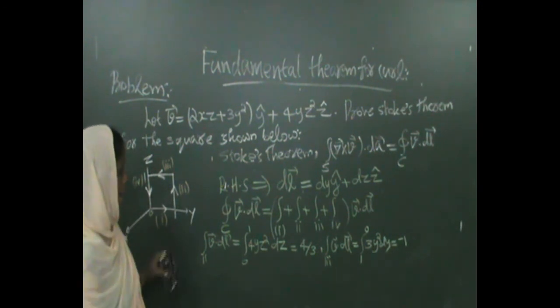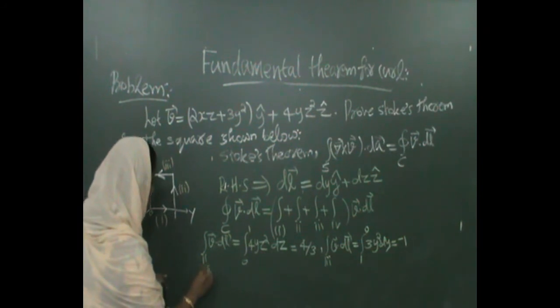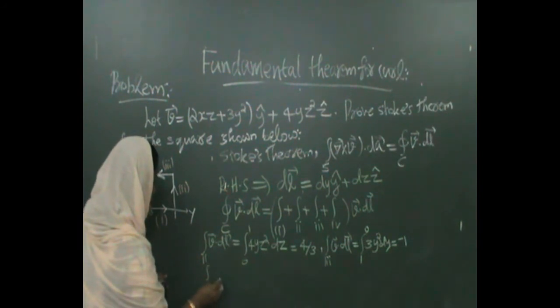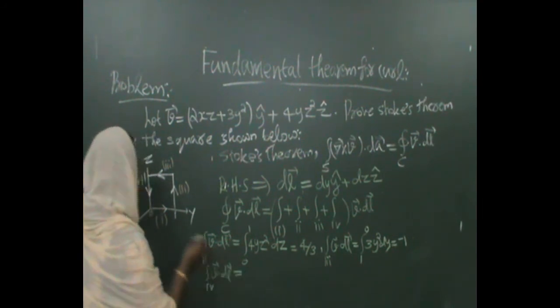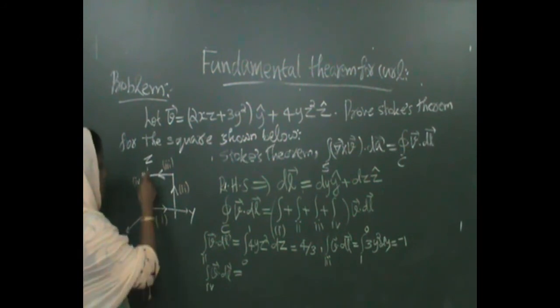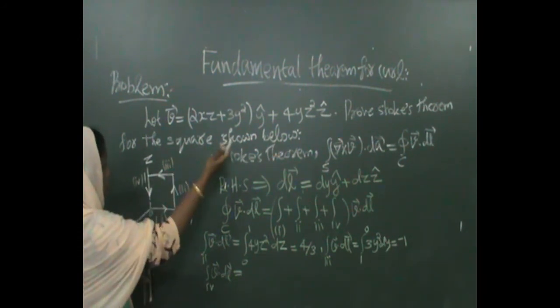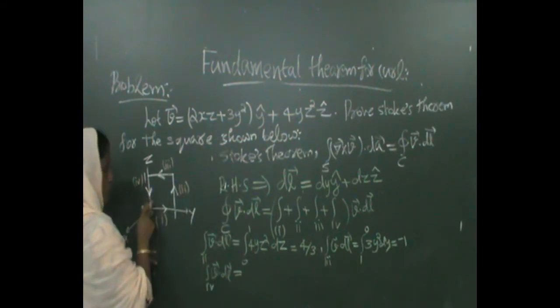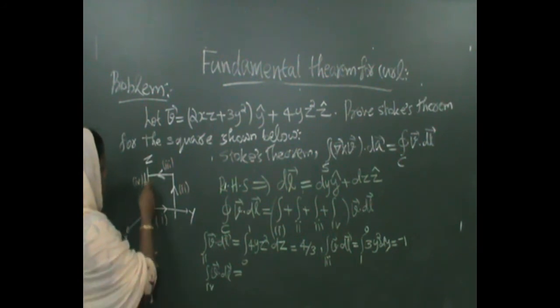Now, integration over the fourth part, V dot dl. This is the fourth part. This time this integration is over dz. So the z component comes here, 4yz square. And here y equal to 0.